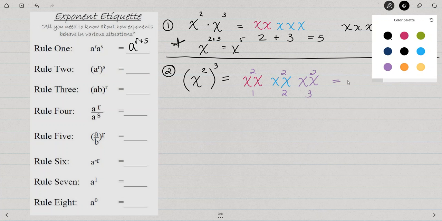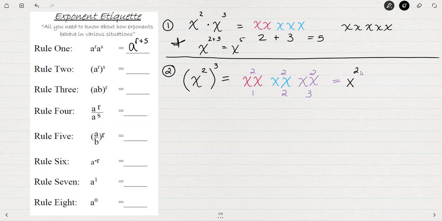So that's x to the 2 times 3, or x to the 6th power. When we have a base with an exponent and we raise it to another power, what we're going to do is multiply those 2 exponents.